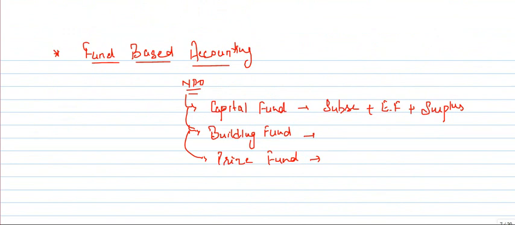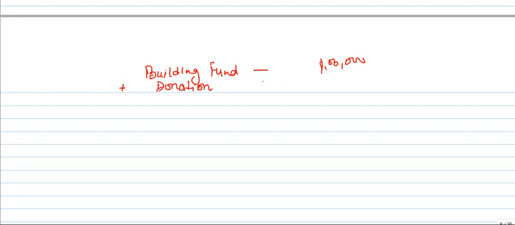Now, one important point to understand: an NPO created a building fund of 1 lakh rupees, and it received a donation for building of 50,000 rupees. Total is 1,50,000.